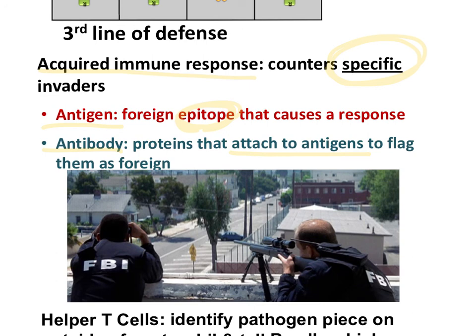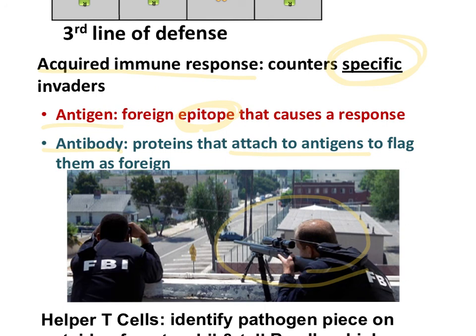I put the snipers here because my third line of defense is like a sniper attack. They are looking for a very specific target. It's not as though the FBI in this picture would shoot like grandpa crossing the street. They're looking for a specific target.